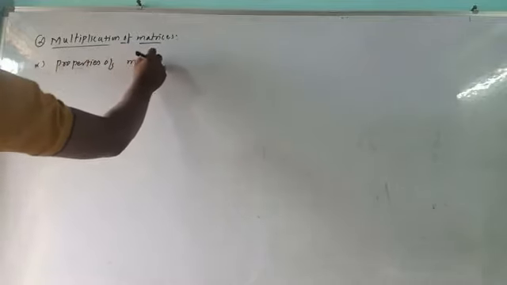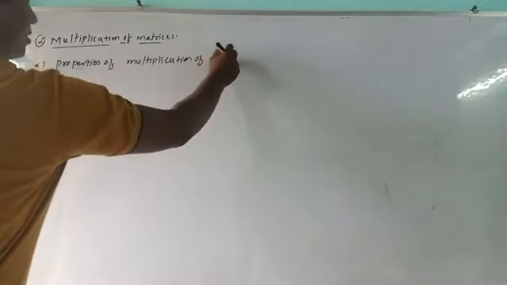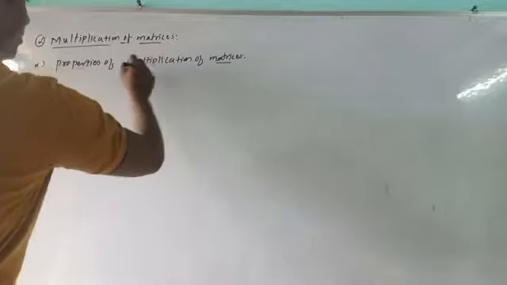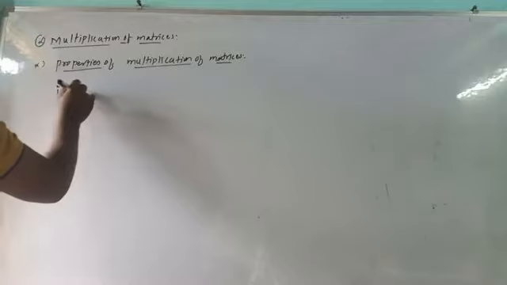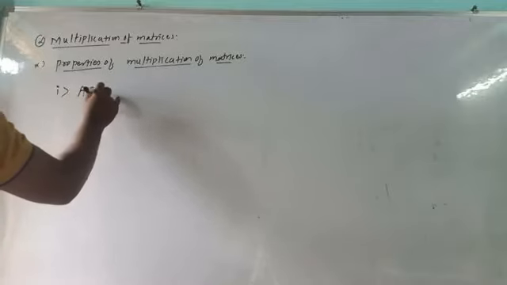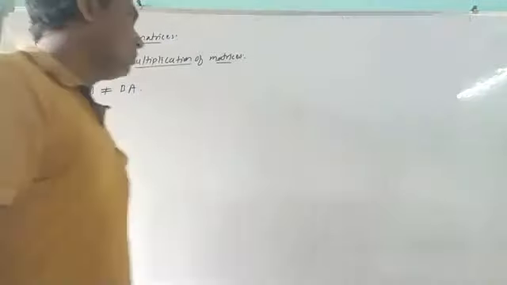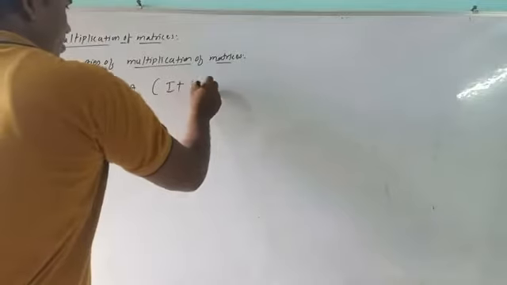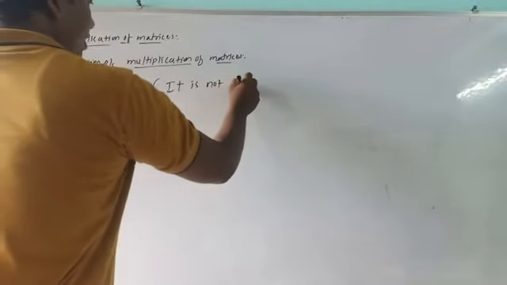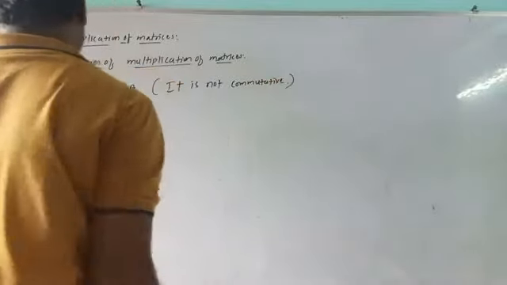In which the first property is that AB is not equal to BA. It means it is not commutative. So understand what is meant by that.